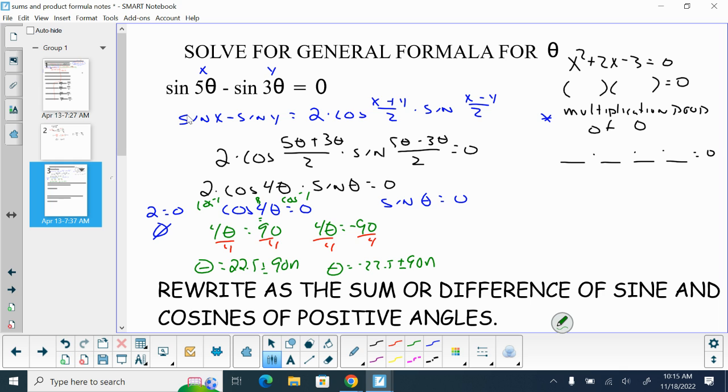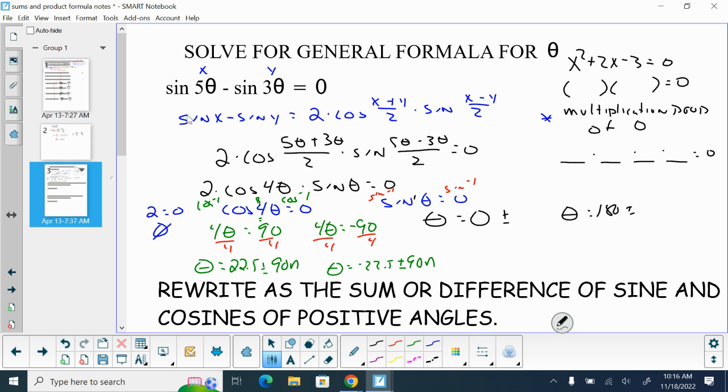Sine theta is equal to 0. Okay, so what are we going to do to get rid of the sine? Inverse sine. So we have theta is equal to inverse sine of 0, which is 0, or the second value, the 180 supplement, plus or minus the period n.